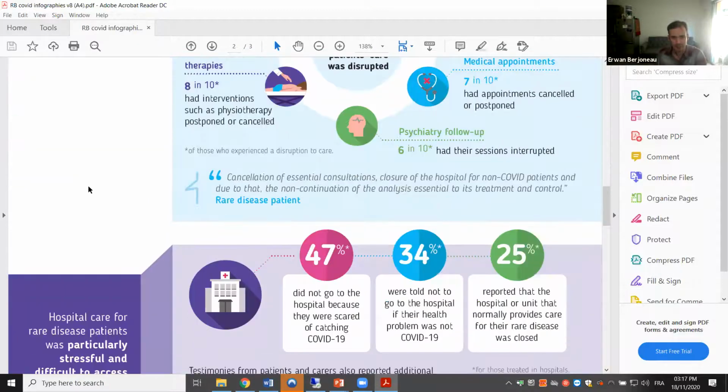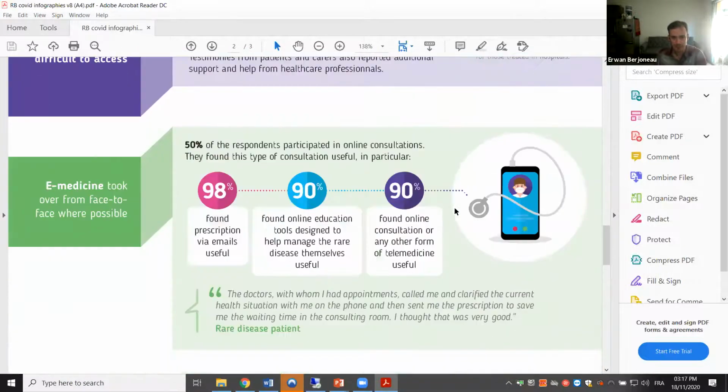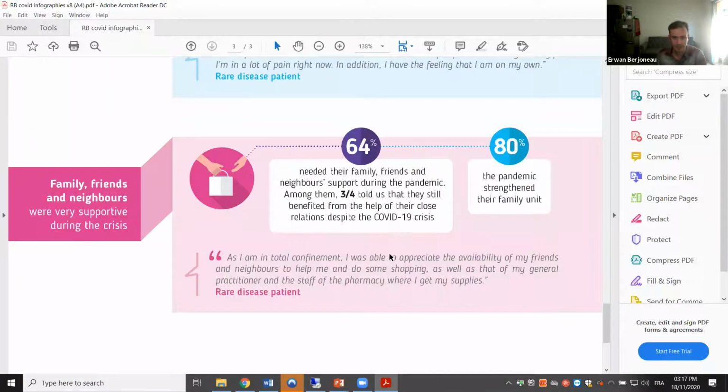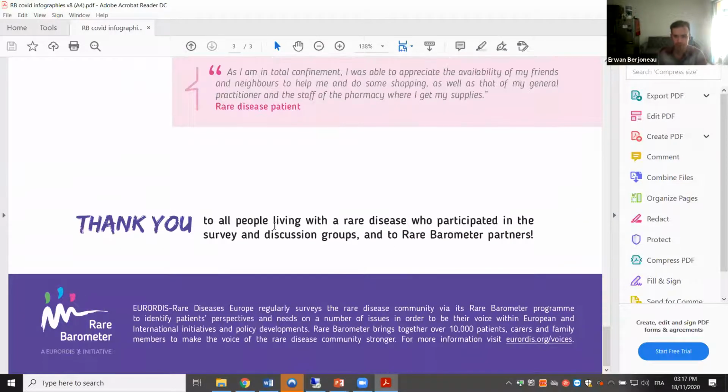It's those 5 themes that we saw that are in a single document. That's the last one. And then a thank you note to the people who participated and the Rare Barometer partner, and a little paragraph on who is Rare Barometer and what Eurordis does.